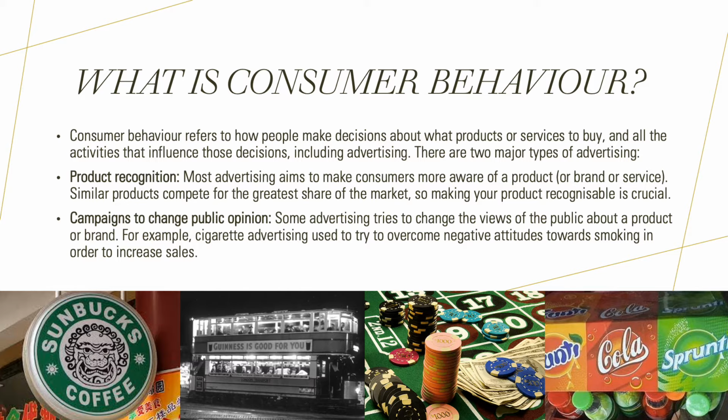So this was a campaign to change public opinion by saying, actually, Guinness is good for you. Gambling behaviour as well can sometimes be seen as a very negative thing. We know a lot of stories about a lot of people who have lost a lot of money, but gambling advertisements are very clever in making gambling seem like a positive thing and like a fun thing, which it can be.